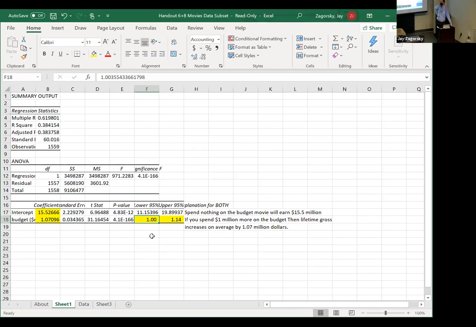Why? Because lifetime gross is the amount of money sold in the movie theaters, and the movie theaters take like a 40% cut, and they only give the producers back 60%. It depends on exactly what kind of movie and the agreement, but basically they take a 40% haircut to show the movie, clean the movie theater, do the popcorn, all the distribution.